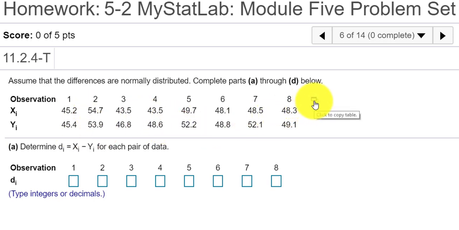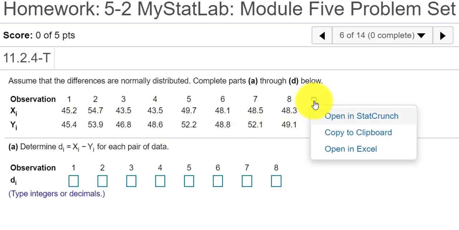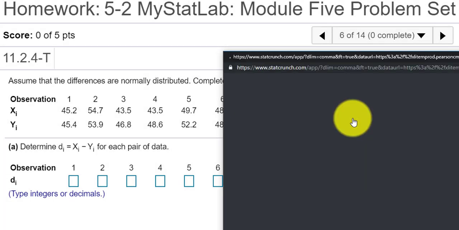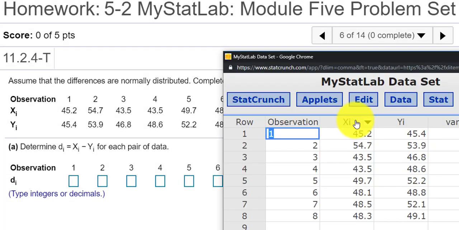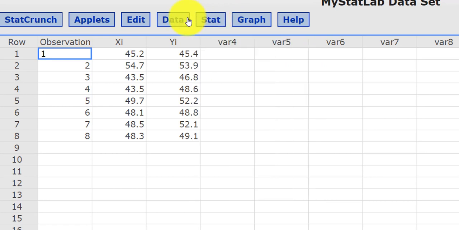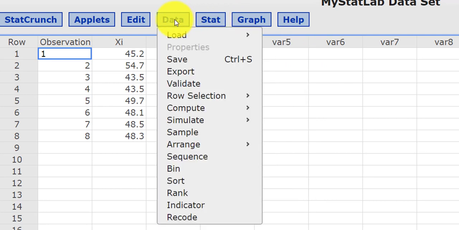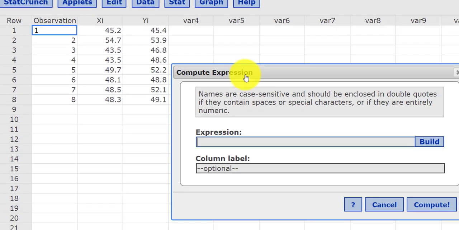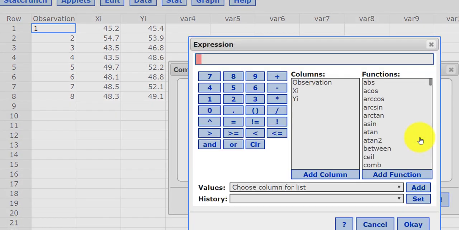So if I open this up in StatCrunch, there's a quick way to do this. I want xi minus yi, so I press data, and then I want to compute an expression, and I'll build.